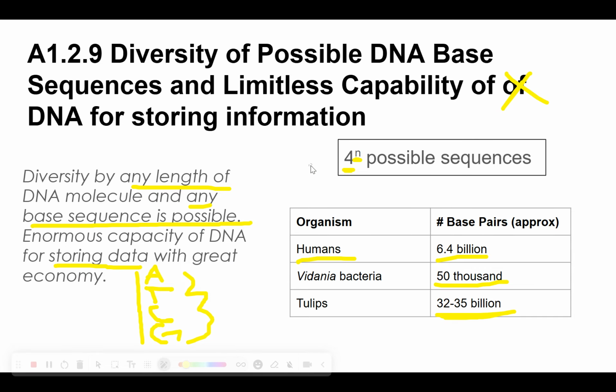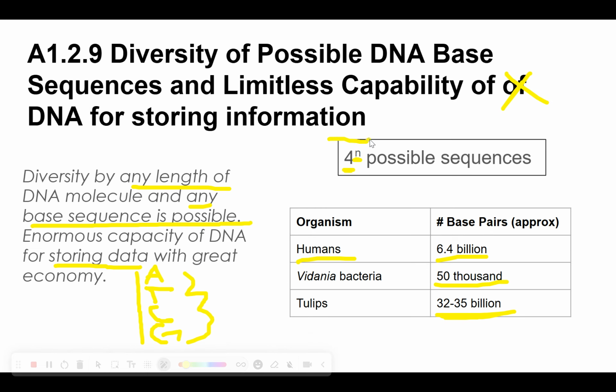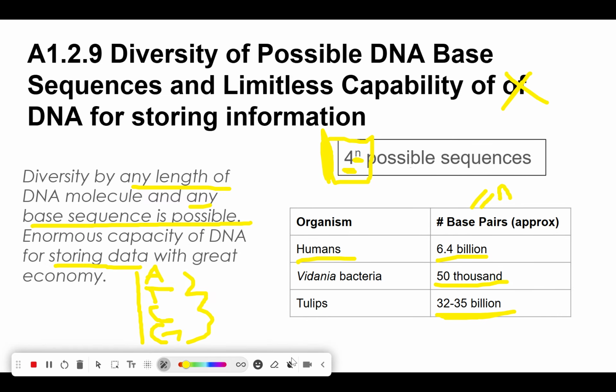There are sections of DNA that pretty much repeat between all human beings, but just for the process of imaginatively thinking about it, and also because this particular mathematical equation sometimes comes up on the IB exams: DNA has 4 to the n, and n is whatever number of base pairs the organism has. That's how many possible sequences of DNA there would be.